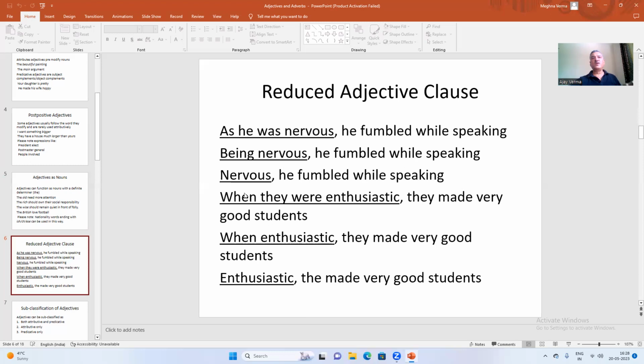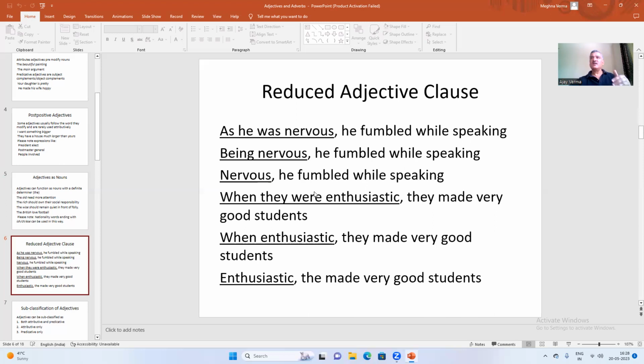So, what we need to note here is that in the third sentence, the term nervous is not complete in itself, but it is the first adjective clause on the top in the first sentence used in a very reduced form.